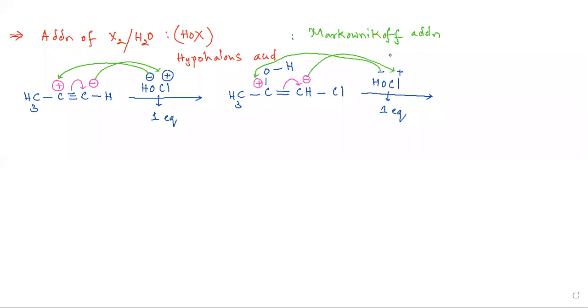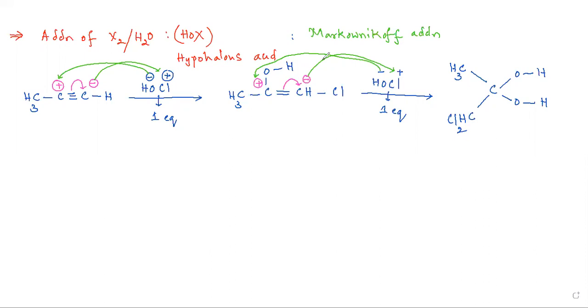So you'll get CH3C, then here of course, let me just write it this way. CH3, C, OH, another OH. Then here it will be CHCl2.